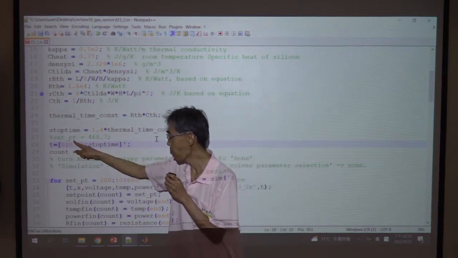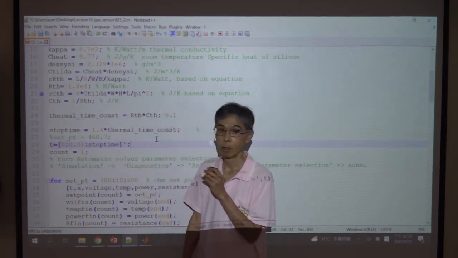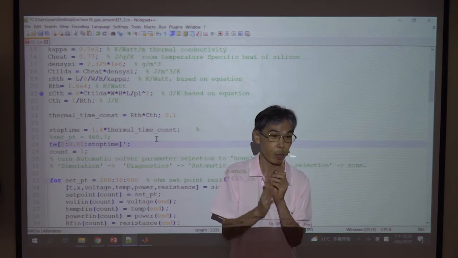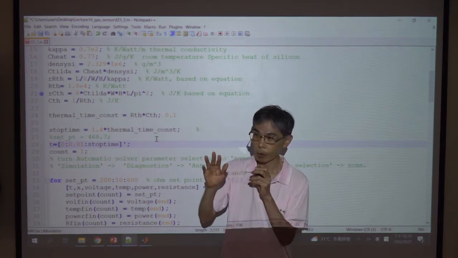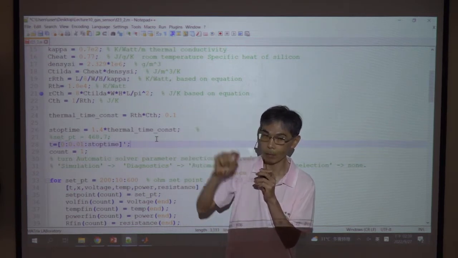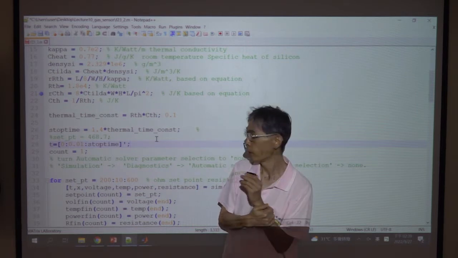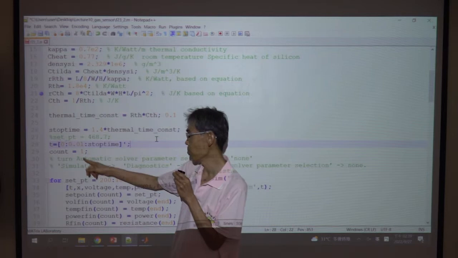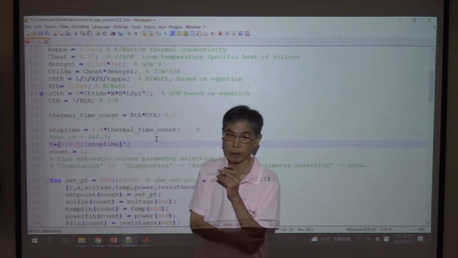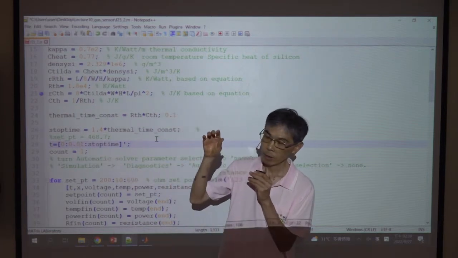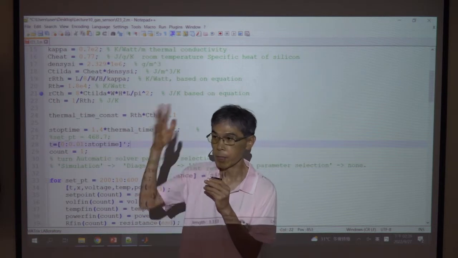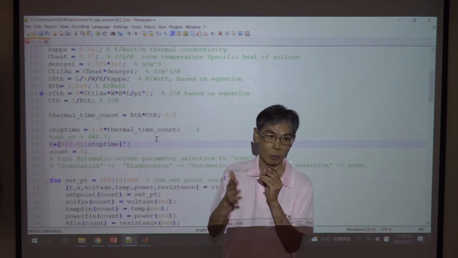And this is time increment. So the time increment should be small in order to catch the response of your Simulink simulation. Usually it should be 1,000th or even like 1 millionth, depends on your case.